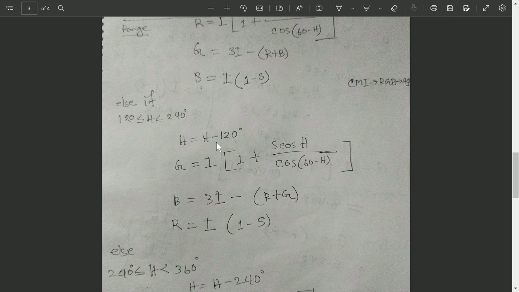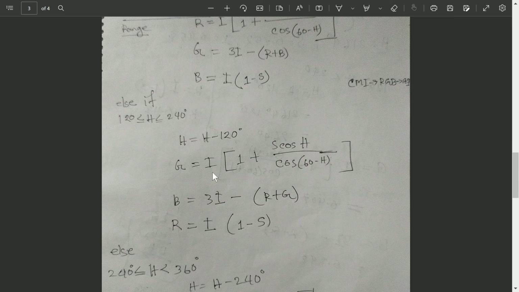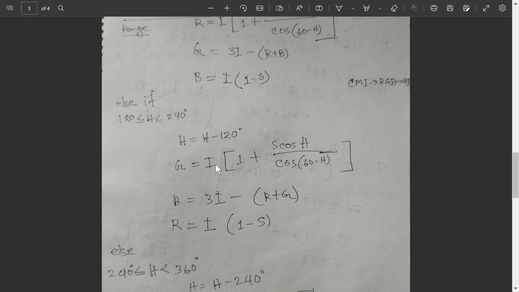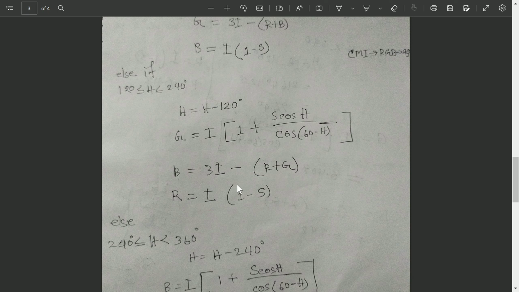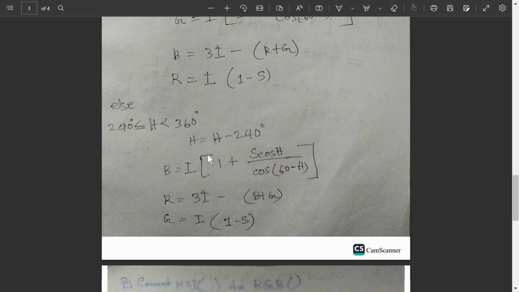So here H is equal to H minus 120 degrees, and G is equal to I into 1 plus S cos H divided by cos 60 minus H, and B is equal to 3I minus R plus G, and R is equal to I into 1 minus S, and H is equal to H minus 240.